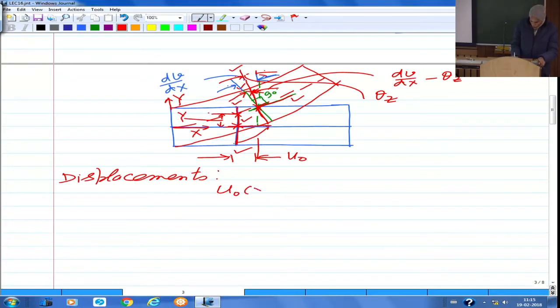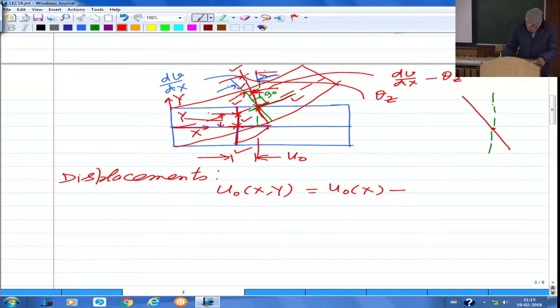So u, which is a function of x and y, would be given by u0 as a function of x minus, additionally, if you look at the picture here, you have that green dotted vertical line, and then you have that red line going like this.